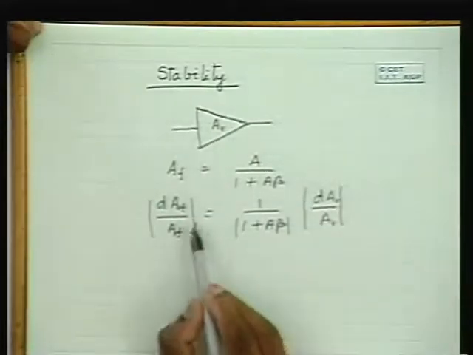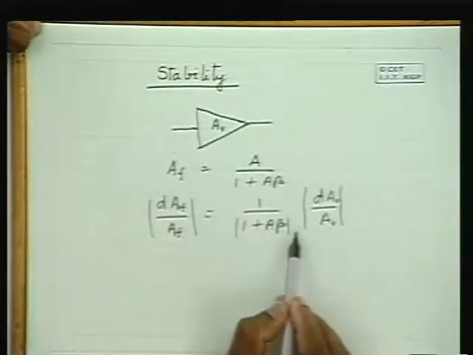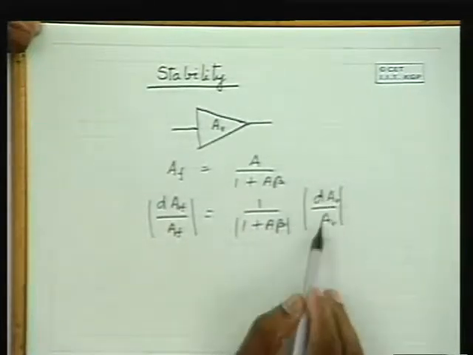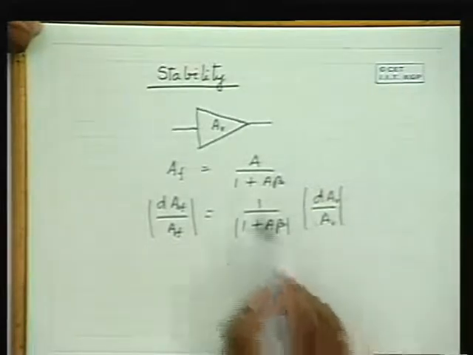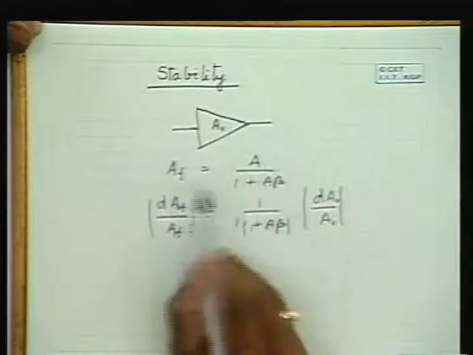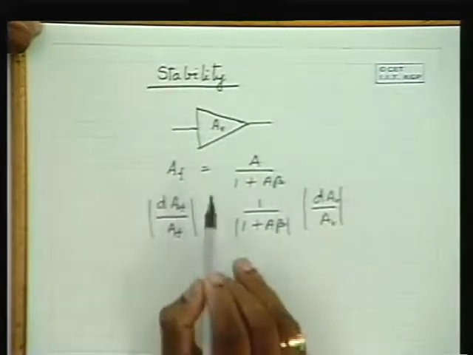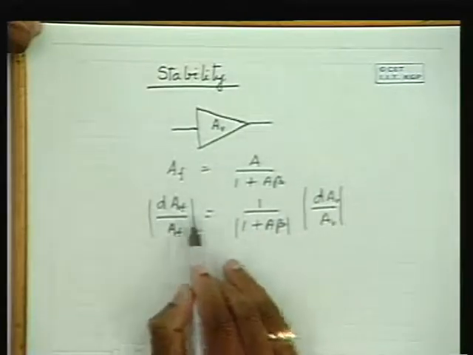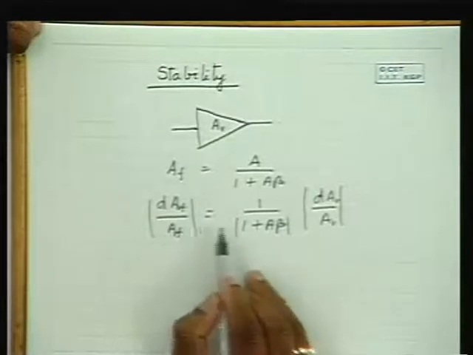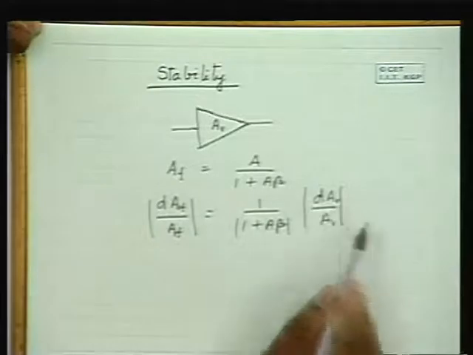With feedback, its percentage change would be 1 by 1 plus A beta times the percentage change in A. How do you get it? Simply differentiate it with respect to A. So for a delta A, how much delta AF is caused can be determined in terms of percentage. To determine it in terms of percentage, you normalize it with AF, and so this is what you will get.